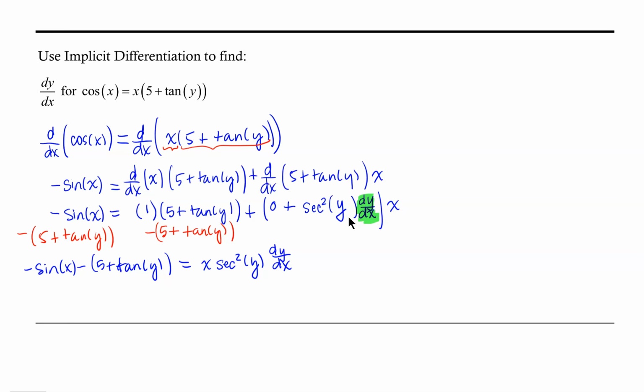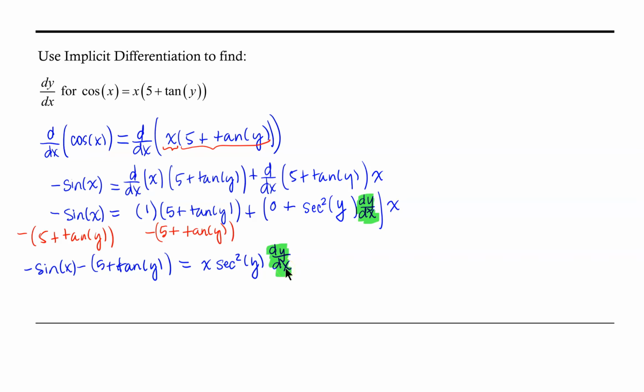And now at this point, all that remains for us to do to solve for our dy dx is to divide both sides of the equation by x secant squared of y. So divide by these two factors in front of dy dx.